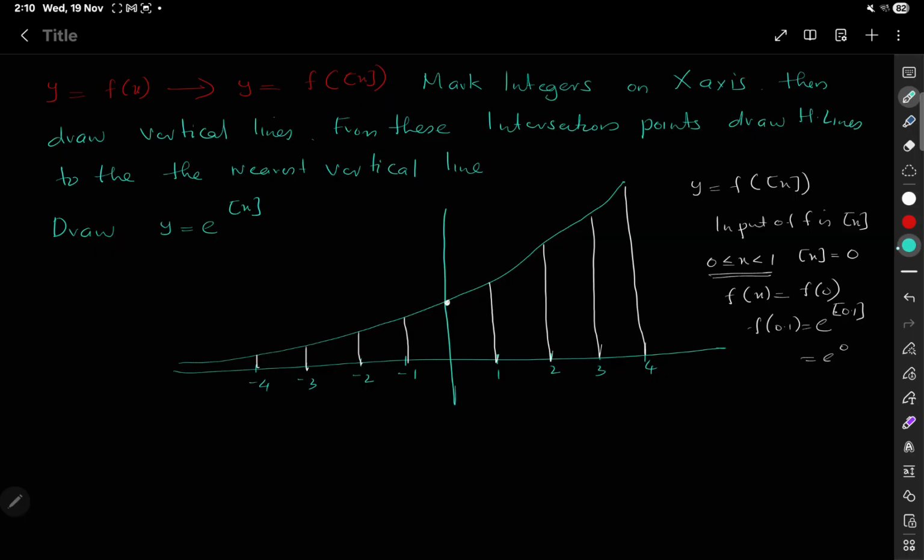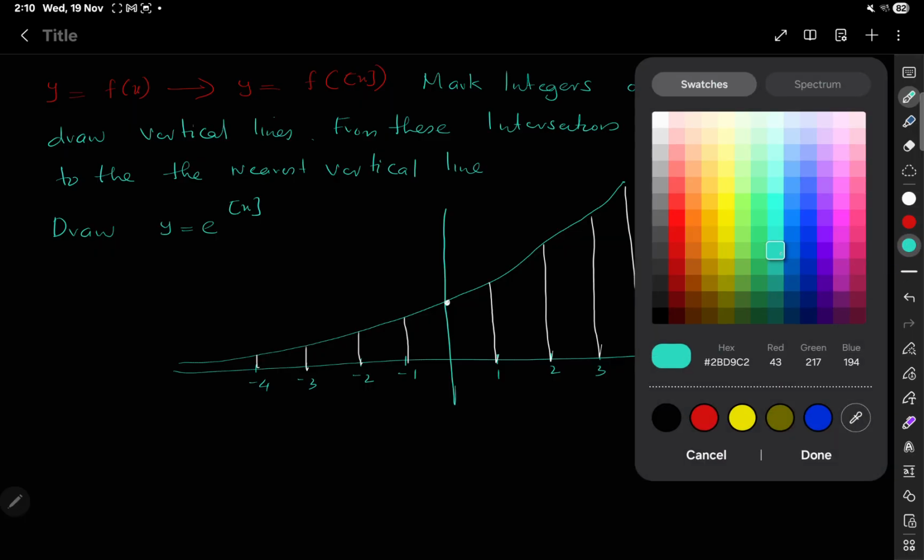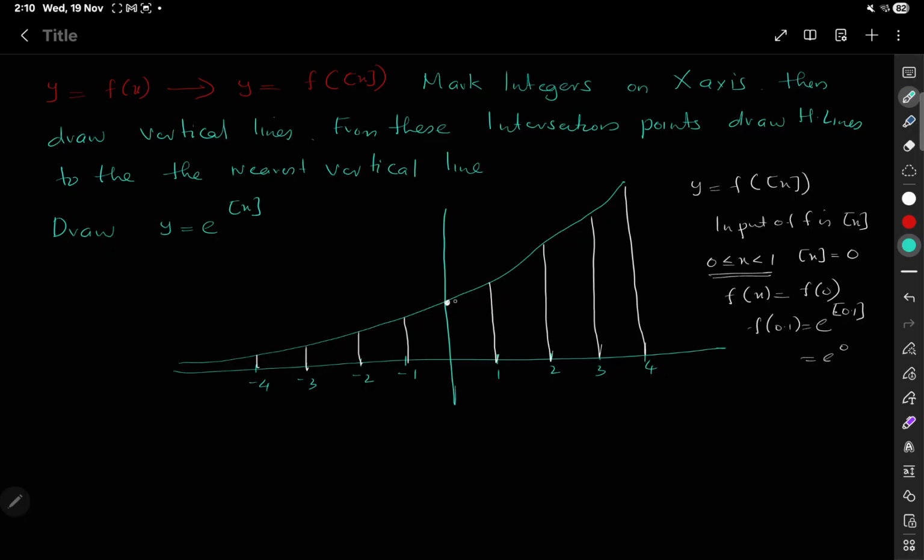Okay, the graph will be like this. This is your graph. Here at 1, what is the value? e raised to 1. Okay.